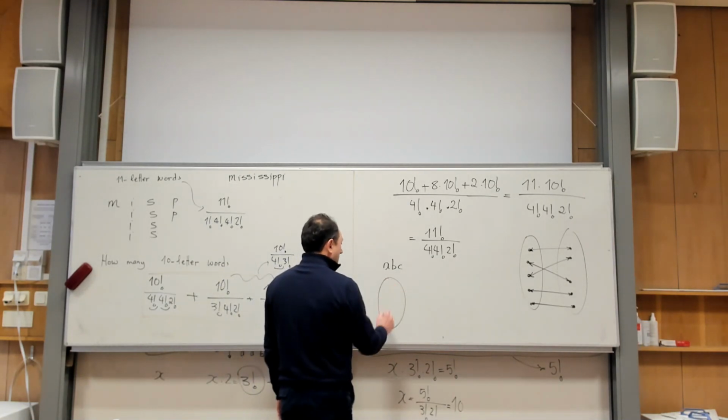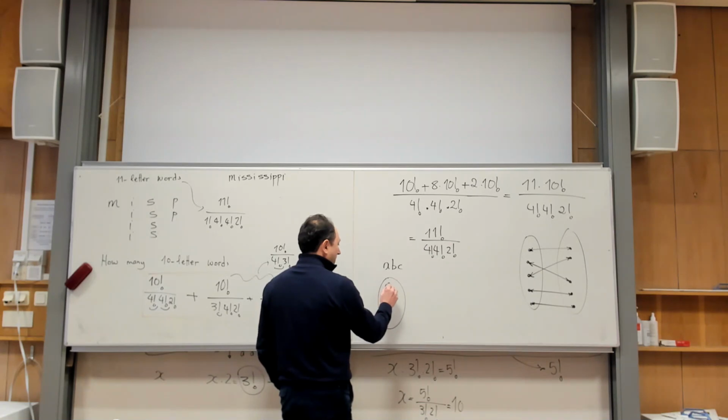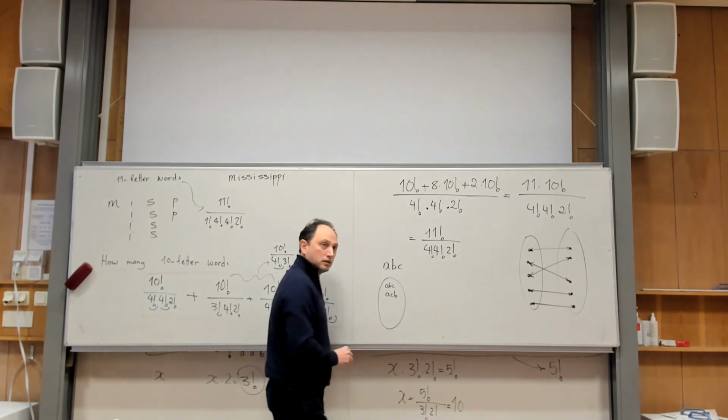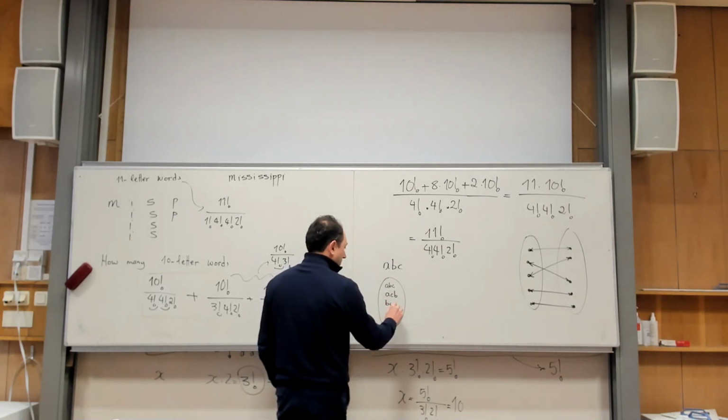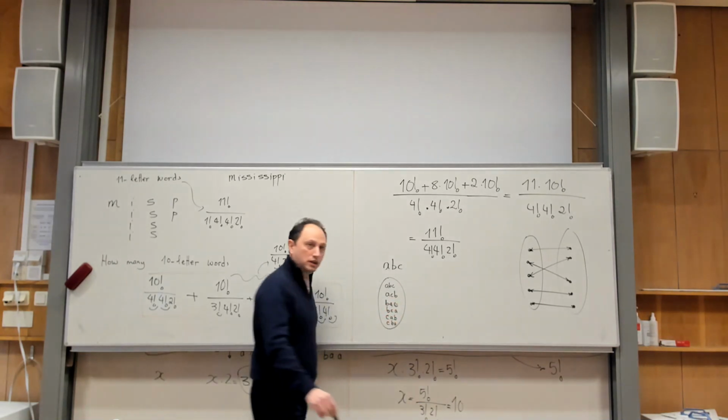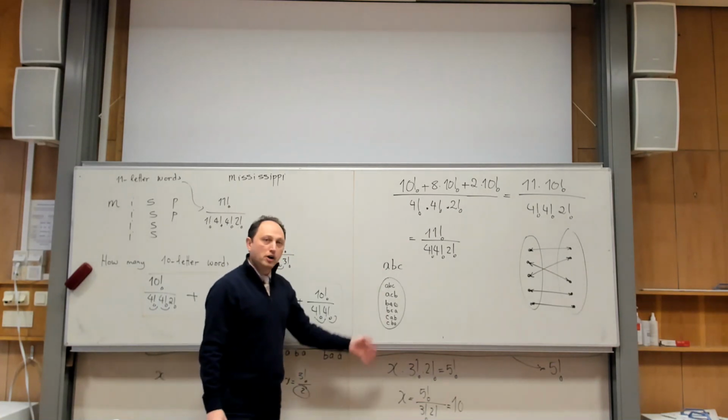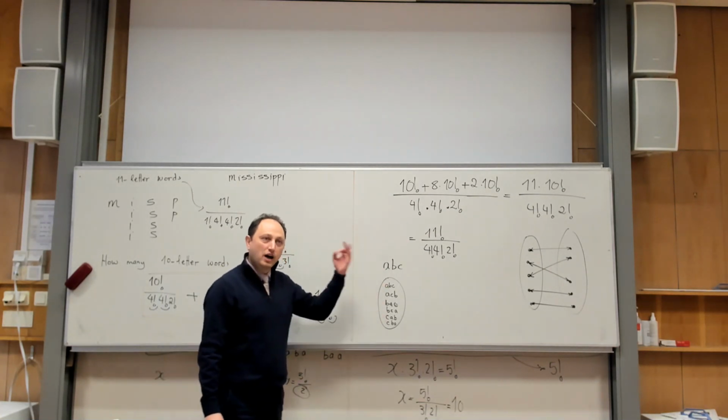What I do, I would write ABC, and then I would write ACB, and then I write BCA. Let me keep the order: BAC, BCA, and CAB, CBA. Agree? These are all the 3-letter permutations, 3-item permutations.